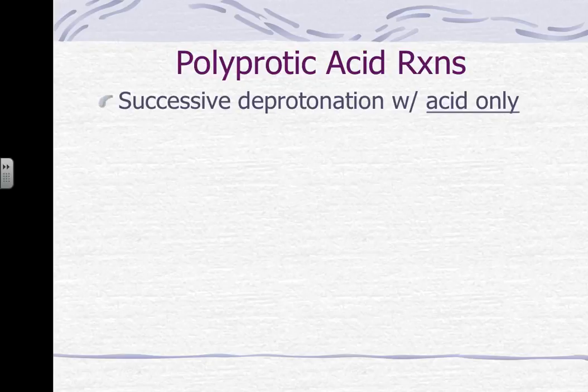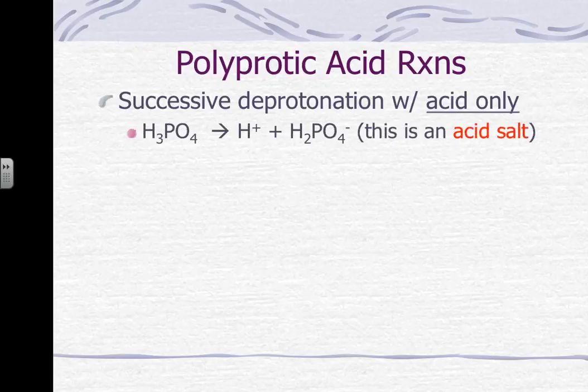So if we have a polyprotic acid, successive deprotonation means that first I'm going to take off one proton, and then in a second step, I take off the second proton. And if I had a triprotic acid, it would take a third step to finally remove the last proton. So successive deprotonation. So if I just focus in on an acid all by itself, it would look something like this.